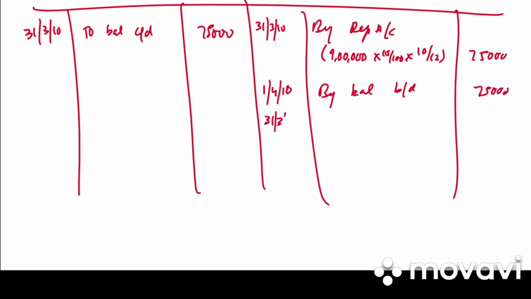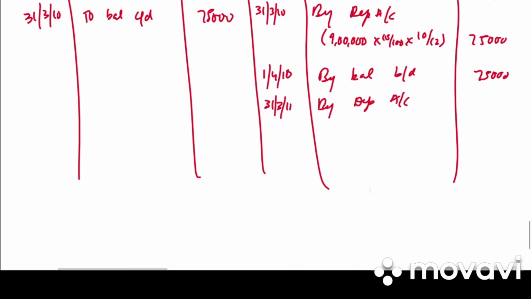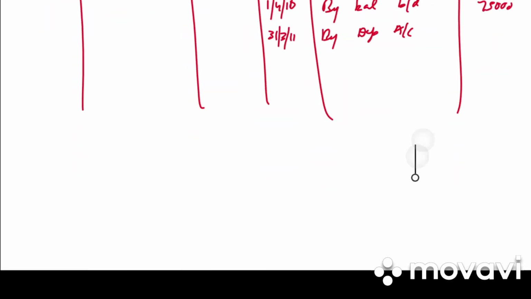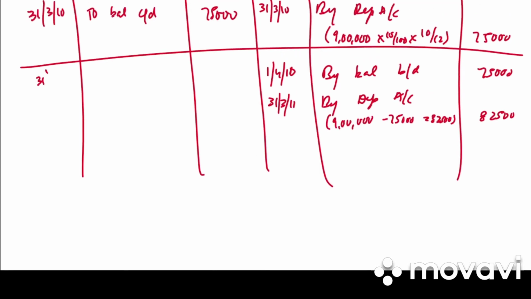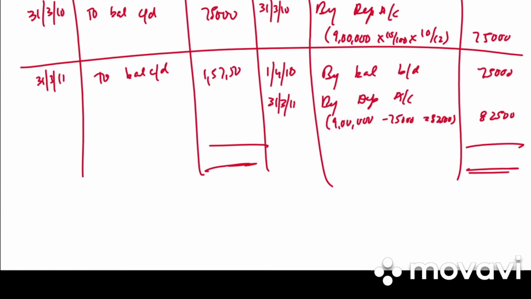On 31st 3 2011, by depreciation account. So how much will be the depreciation? 8,25,000 into 10% of that is 82,500. Okay. On 31st March 2011 to balance carried down, what is the total? It is 1,57,500.